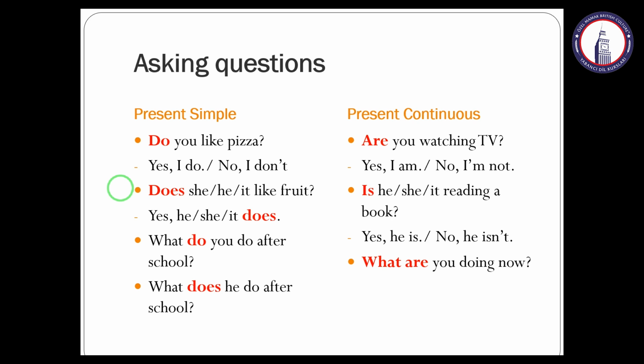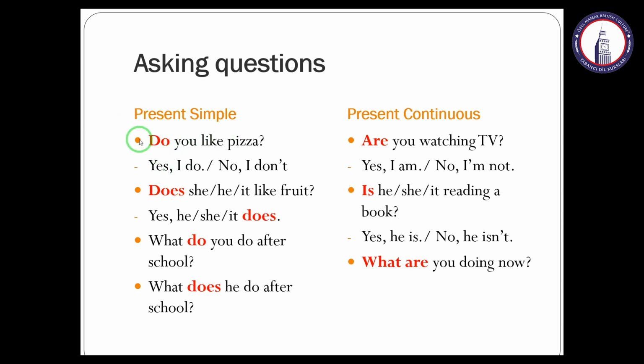Now the question form is something like negative form. Somehow they are the same, but there is no not, and there is a very small change in that. For present simple, we use do, does for question form. And for negative form, as I told you, don't and doesn't.